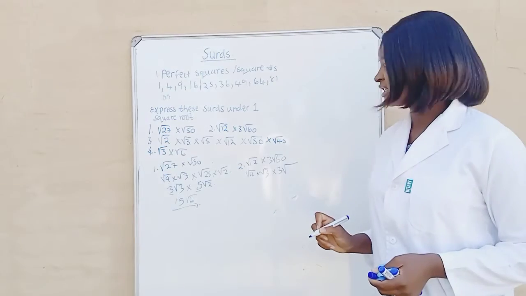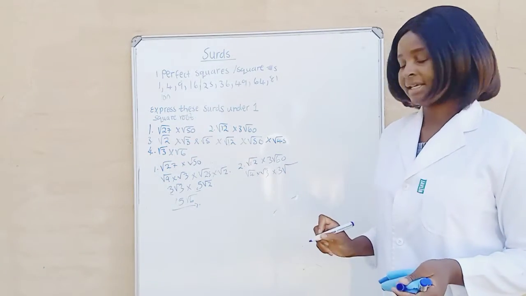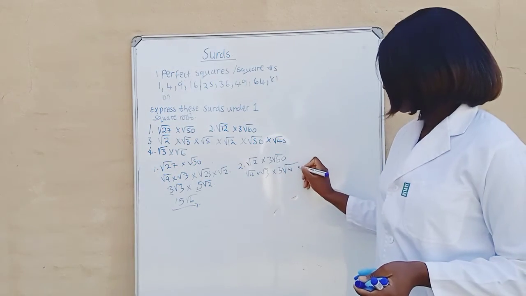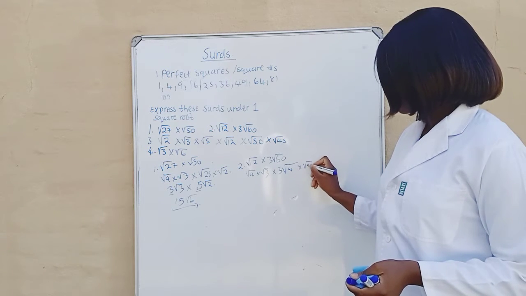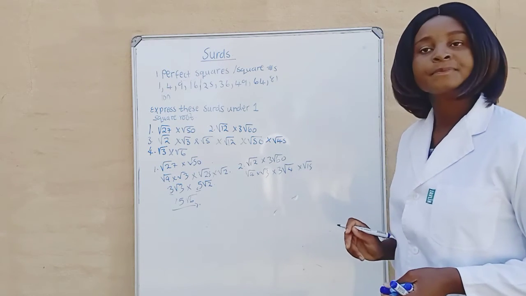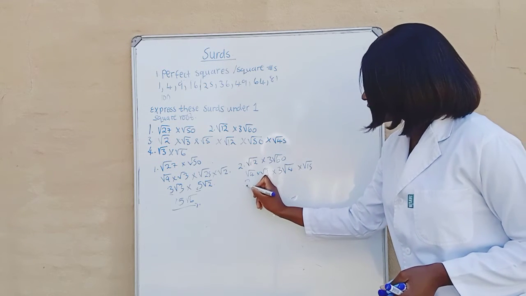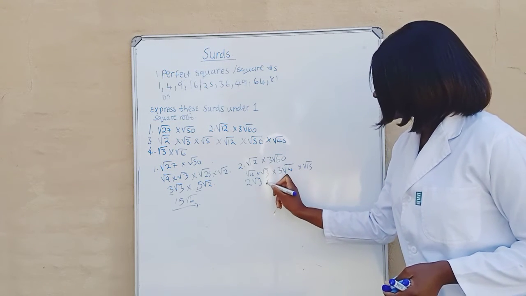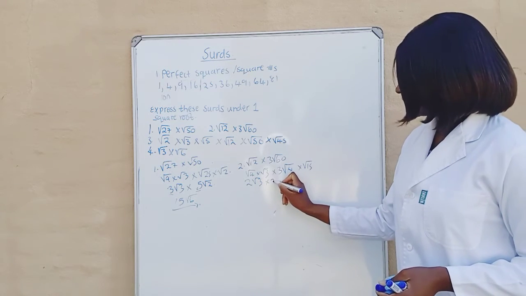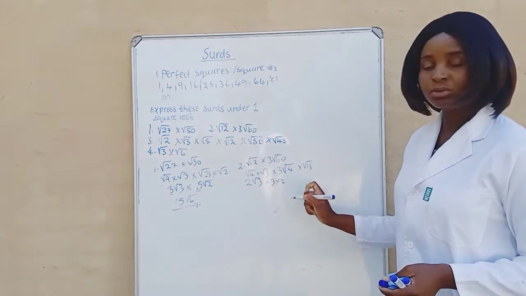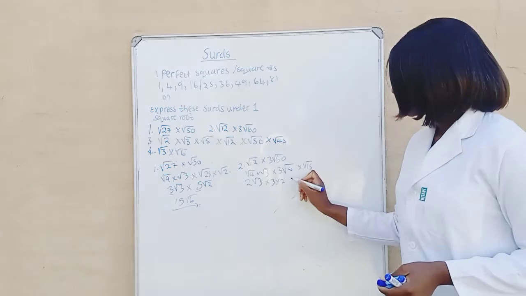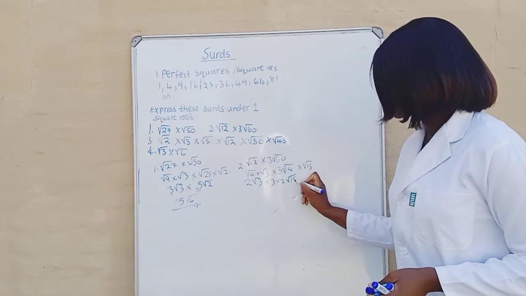Which square number gets into 60? 60 is root 4 times root 15, right? 15 times 4 is 60. So our root 4 is a 2, so we have 2 root 3 times 3 times 2, because the square root of 4 is 2 there, times root 15.